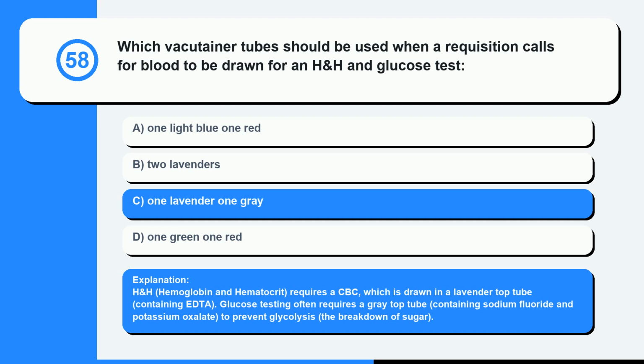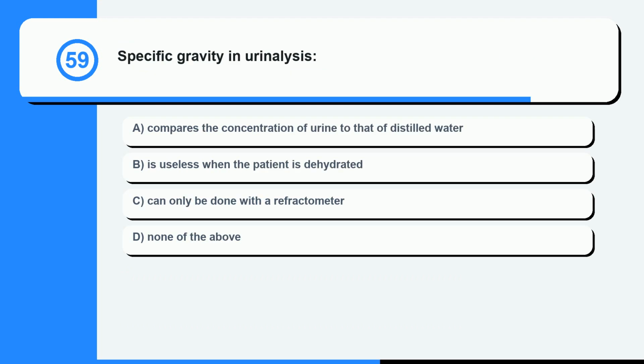Question 57. A patient's urine specimen tested positive for bilirubin. Which of the following is most true? A. The patient should be evaluated for kidney disease. B. The specimen was probably left at room temperature for more than 2 hours. C. The specimen is positive for bacteria. Or D. The specimen should be stored in an area protected from light.